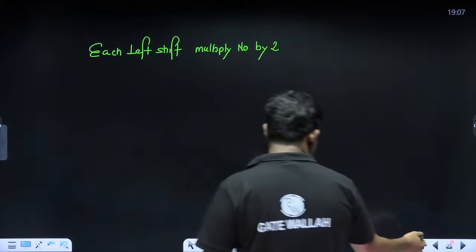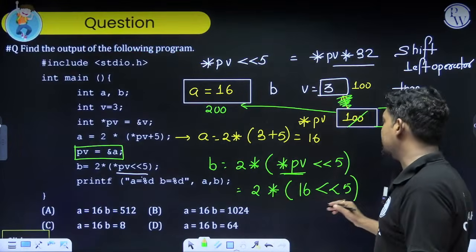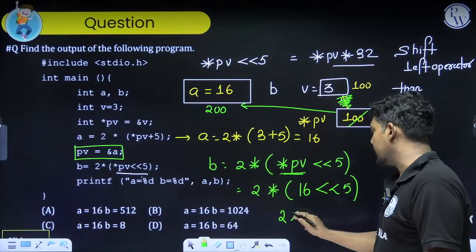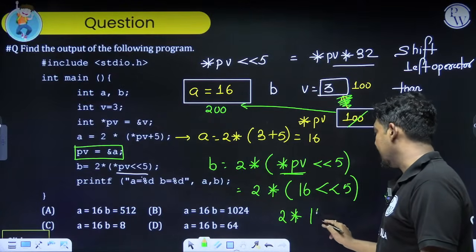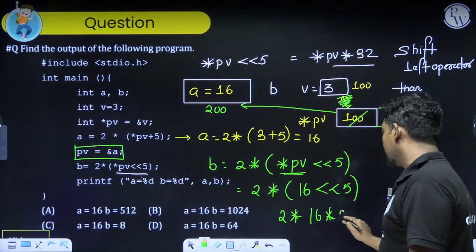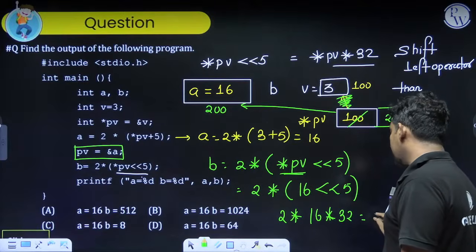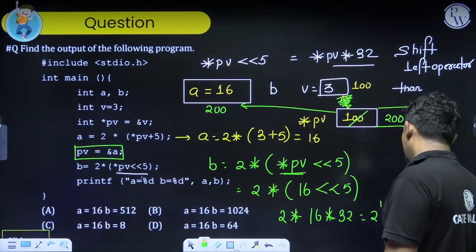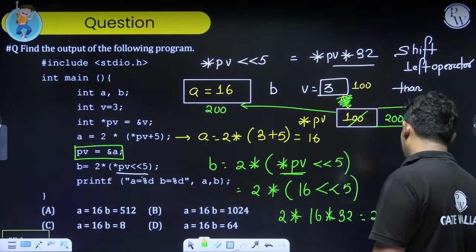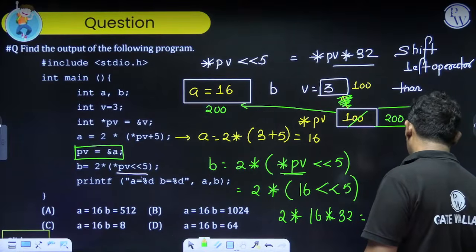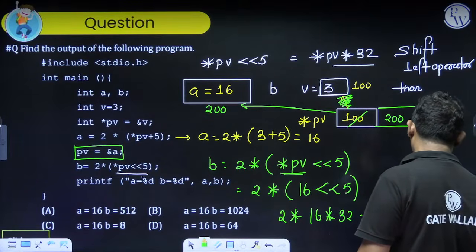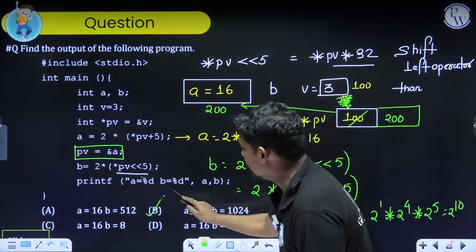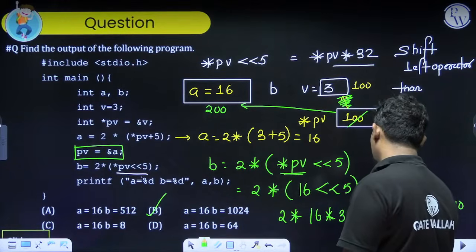That is why I said this is equal to multiplied by 32. So this will become 2 multiplied by 16 multiplied by 32. If you look at it properly, this is 2 to the power 1 multiplied by 2 to the power 4 multiplied by 2 to the power 5, that is 2 to the power 10. And that goes here, equal to 1024.